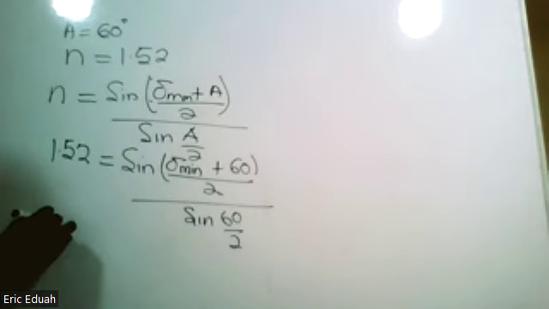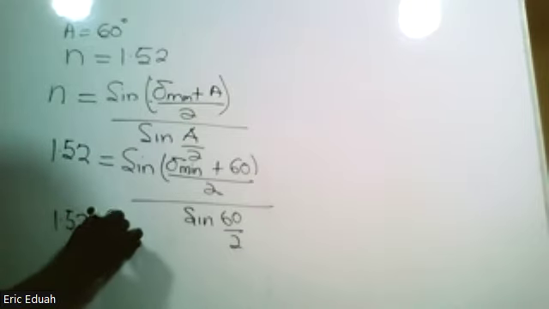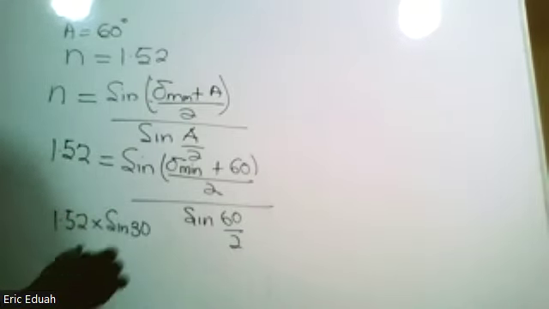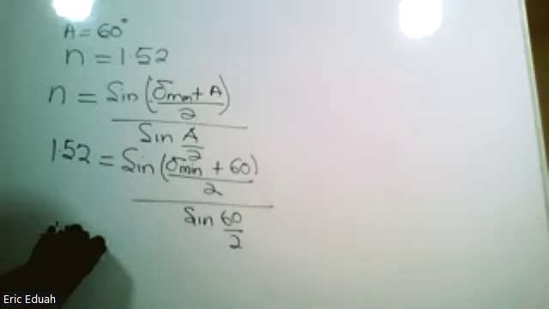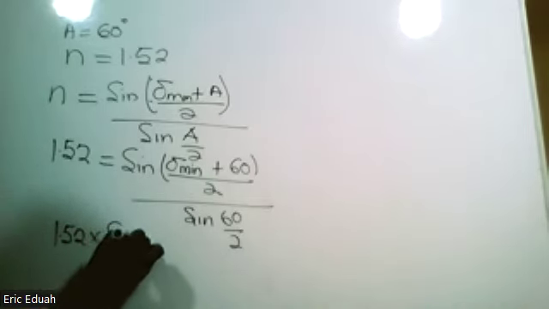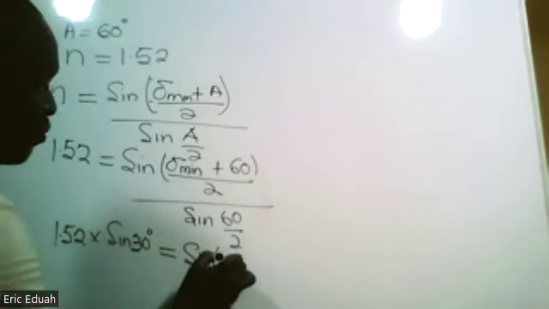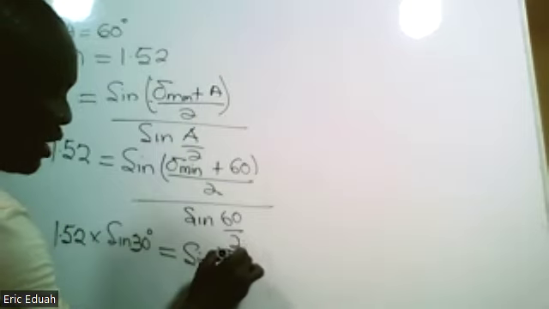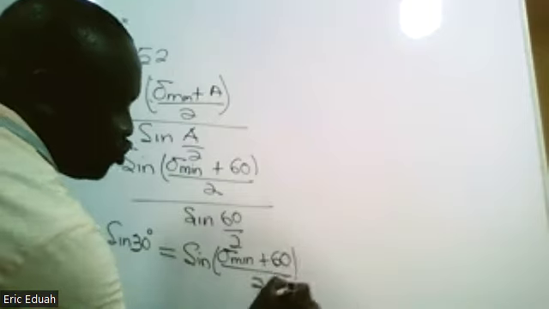So we have 1.52 times sine 30 degrees equal to sine of the minimum deviation plus 60, all divided by 2.